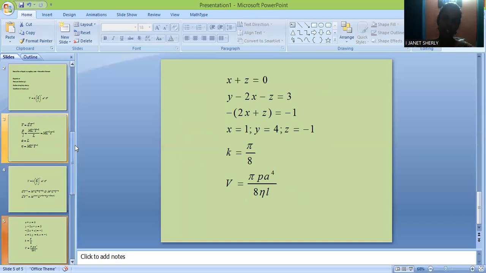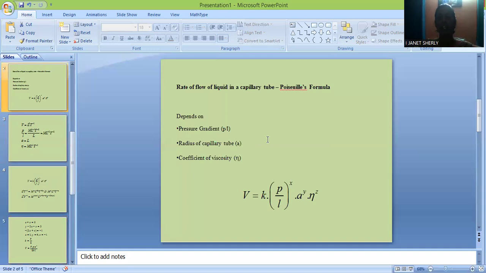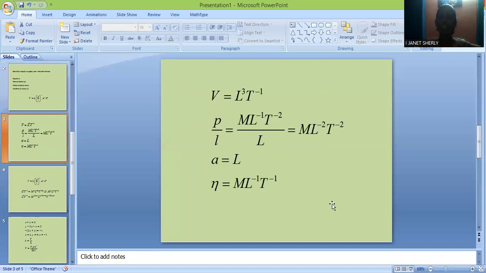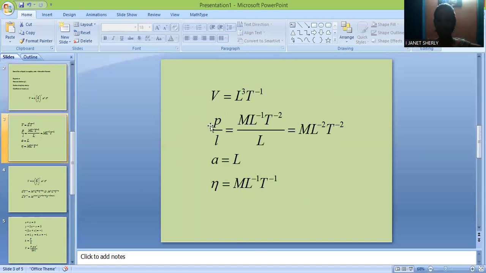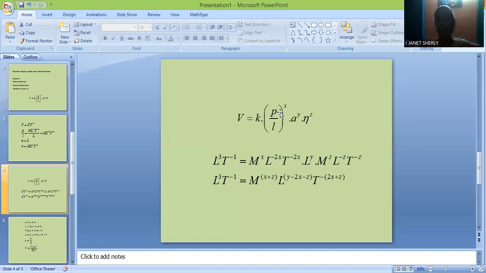So at first, we need to find the factors on which the rate of flow of liquid depends. So I'm just writing all the factors here. One is pressure gradient, another one is radius of the capillary tube, another one is viscosity. Then the next step is we need to find the dimensions of all these factors. That is step 2. And then we need to substitute all the dimensions in this equation.